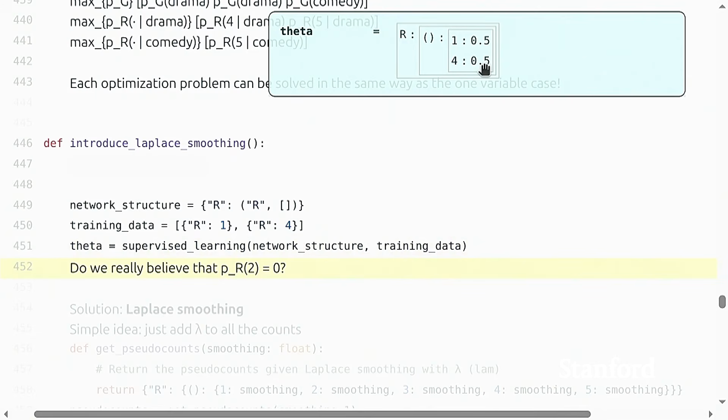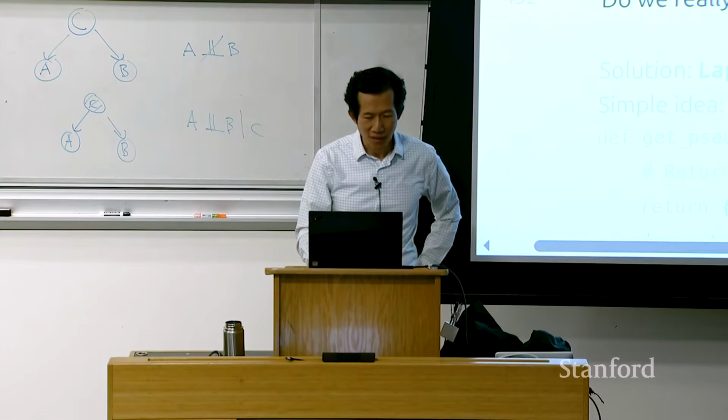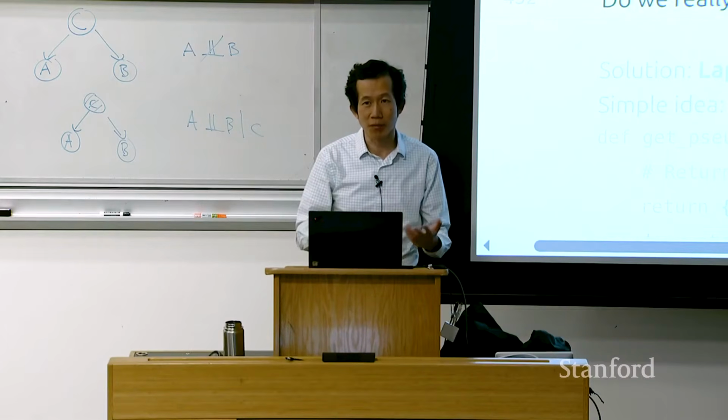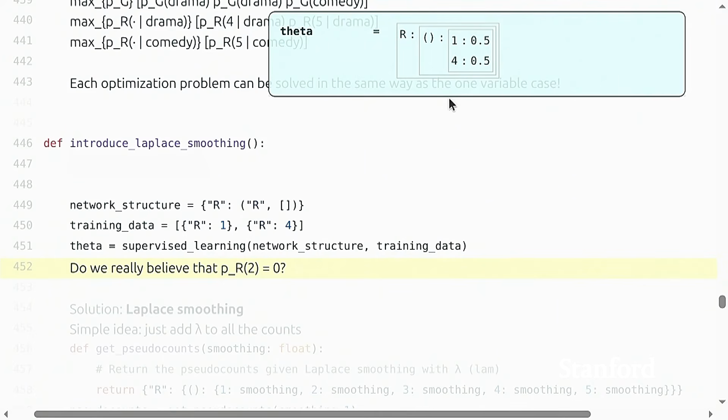So you look at this and you say, okay, well, that means the probability of 2 is 0, right? And do we really believe that? If you got 2 points, one was 4 and one was 1, putting 0 probability on 2 seems a little bit closed-minded.